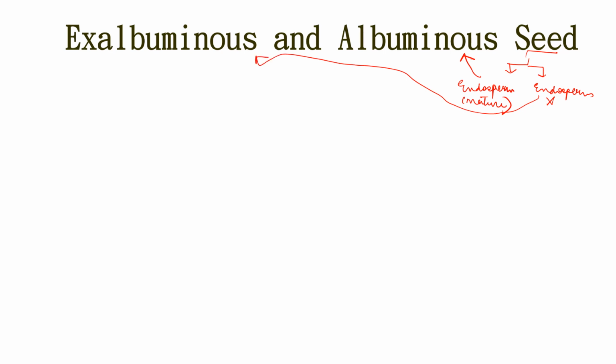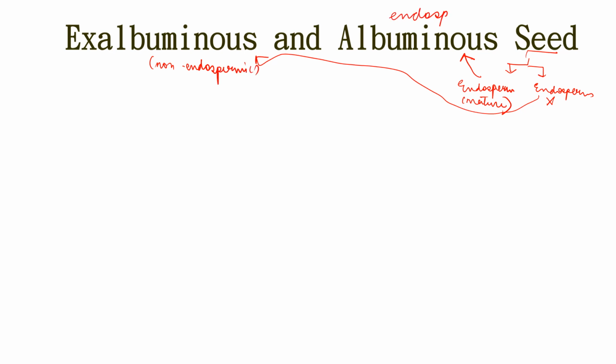Let's see the tricks of ex-albuminous and albuminous seeds. What are these kinds of seeds? These are seeds which contain endosperm till their maturity. If the endosperm is present till maturity, then these seeds are known as albuminous seeds. And if the endosperm is not persistent till maturity, then these are known as ex-albuminous, also known as non-endospermic seeds, and the albuminous one is also known as endospermic seeds.